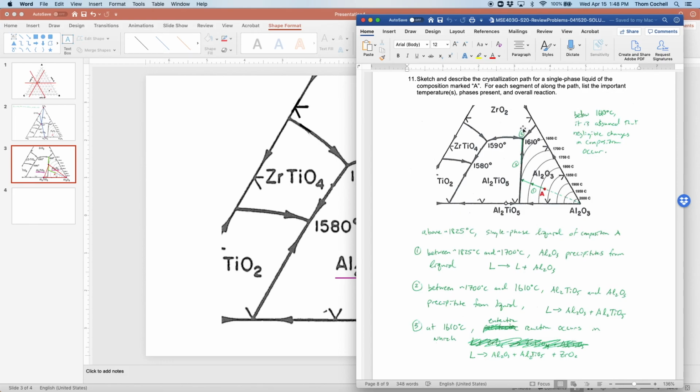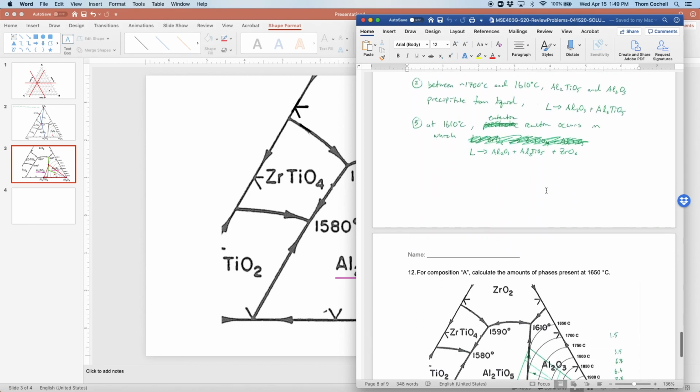And then at 3, if we're below 1610, we no longer have liquid, and so I know what my 3 solid phases are. I can use that triangle along with my composition A to determine what phases I have. That's the overall process of how you use these crystallization paths and also determine weight percents.